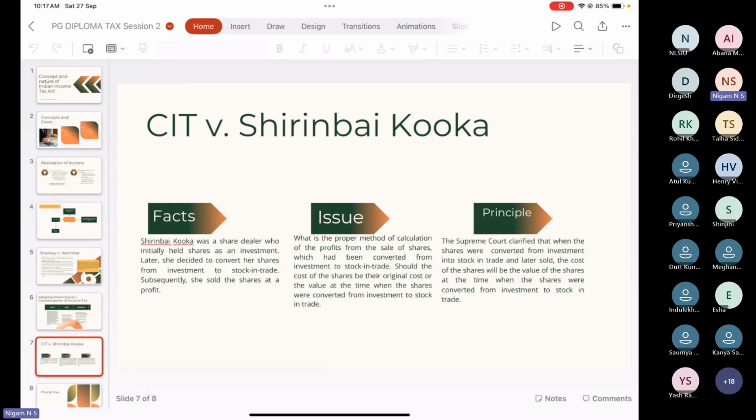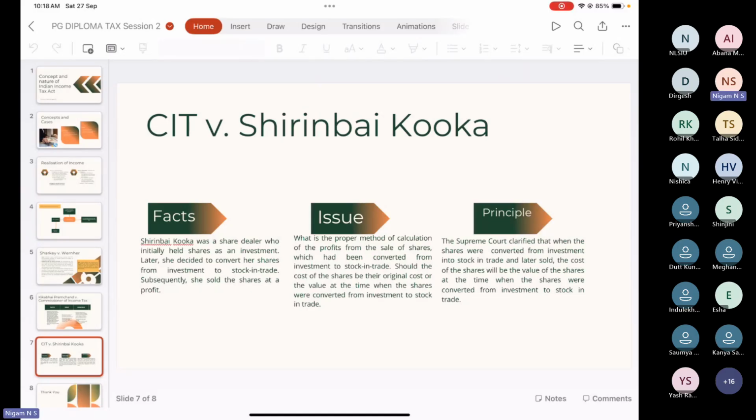After she had decided to convert her shares from investment to stock in trade, what is the proper method of calculation of the profits from the sale of shares which have been converted from investment to stock in trade? Should the cost of the shares be their original cost or the value at the time when the shares were converted from investment to stock in trade?